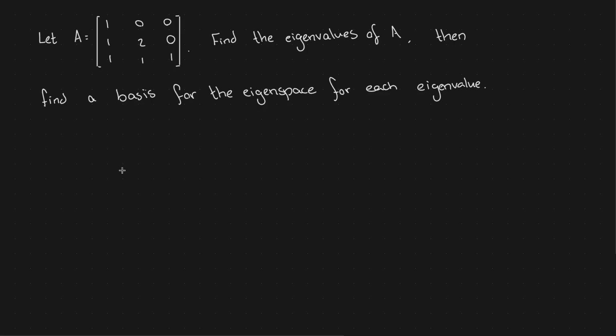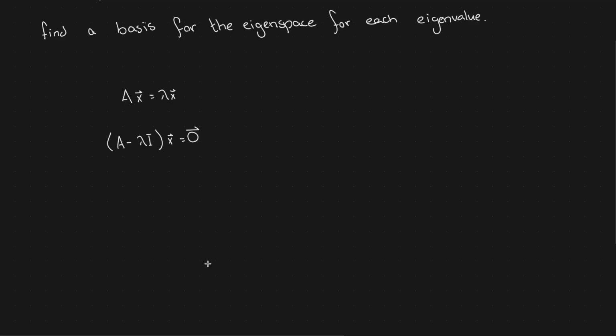Whenever we are looking for eigenvalues and eigenvectors, the equation that we want them to satisfy is this equation here. But as we've seen, that is equivalent to satisfying the homogeneous equation (A minus lambda I) times vector x equals 0.